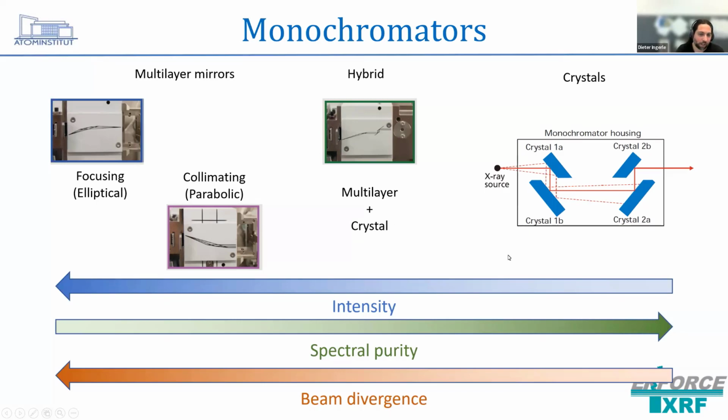And the last option, which I actually didn't test, is to get some multi-bounce, in this case 4-bounce crystal monochromators for the diffractometers. They will have the best possible spectral purity on these standard instruments, but for fluorescence, it's a little bit problematic because the intensity will drop so much.